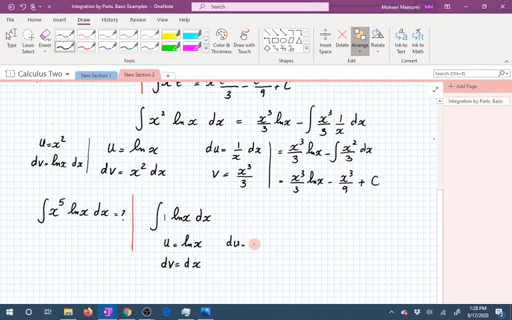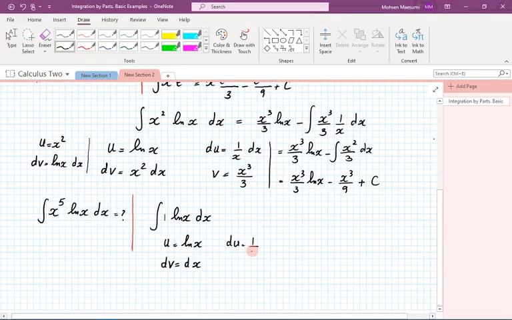So du, of course, is the derivative, 1 over x dx, and who is dv? Excuse me, who's v? Well, v is just x. So u times v is x logarithm of x minus the integral of v du.